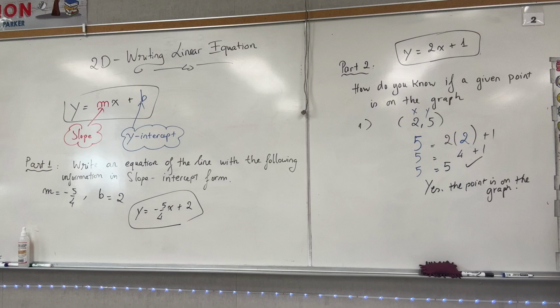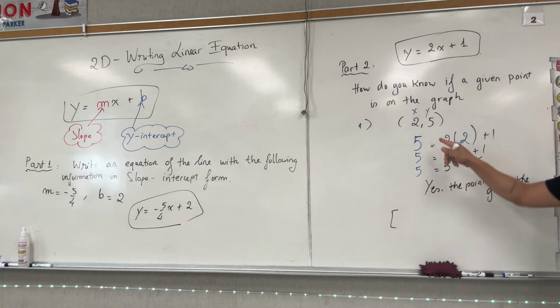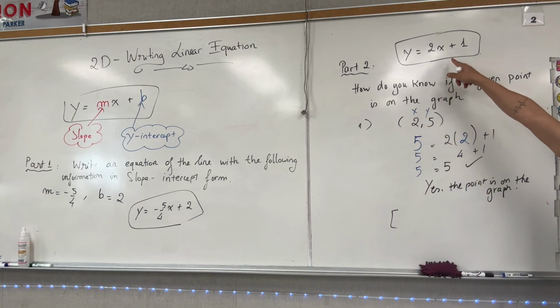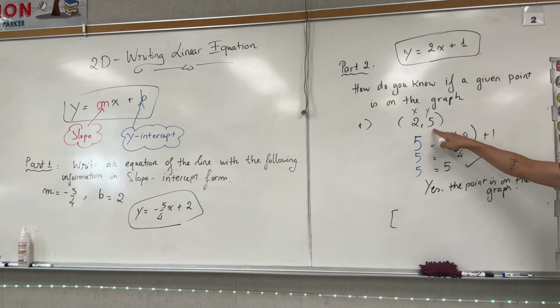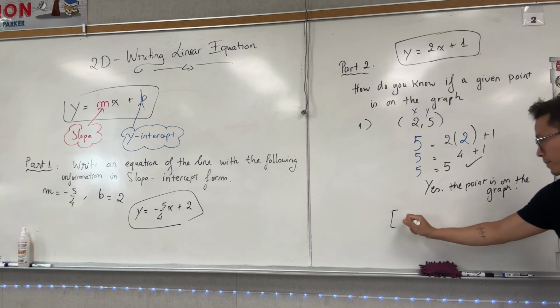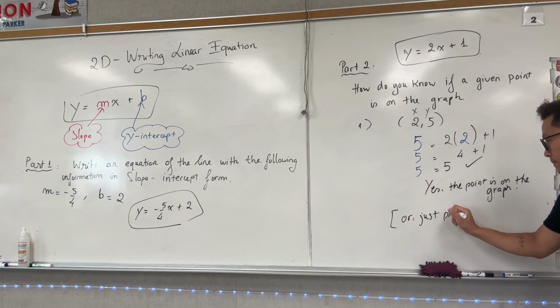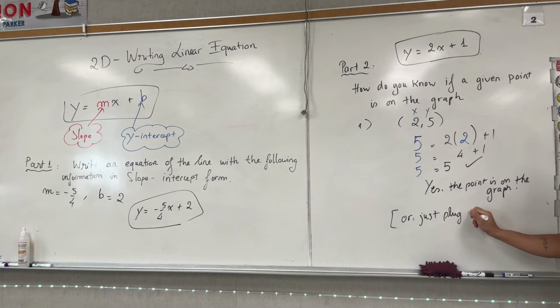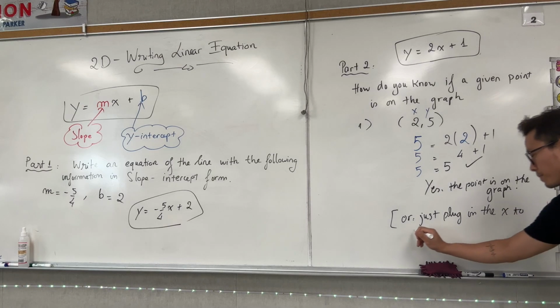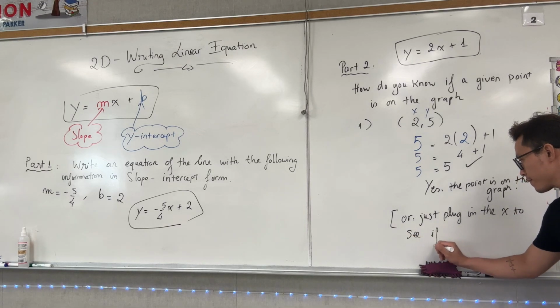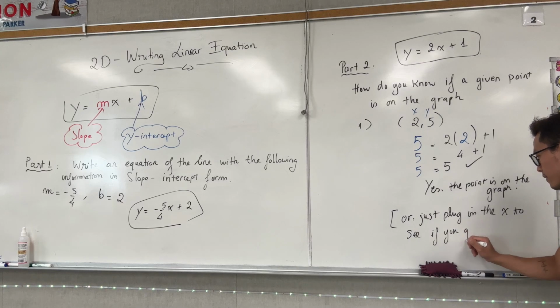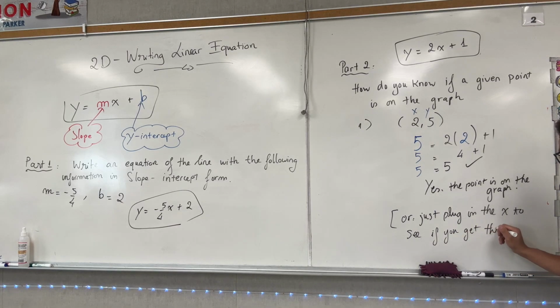Another way you can think about it is you can just plug in the x into here, and if they give you the y, then it is on the graph. Okay? Or just plug in the x to see if you get the given y back.